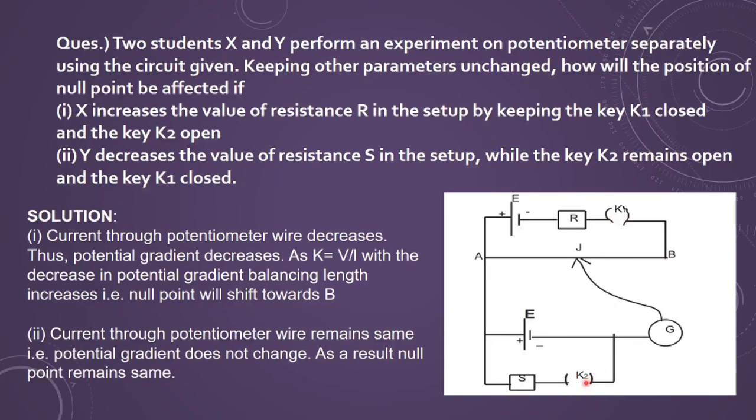It means when K2 is open, it is not going to affect the circuit at all, because current is passing through the circuit from A to E, here of course the cell whose EMF you are calculating, then galvanometer, then this B, and this way it completes the circuit. If I close this K2, then only the current will pass through this circuit, not otherwise. You have to keep this in your mind.